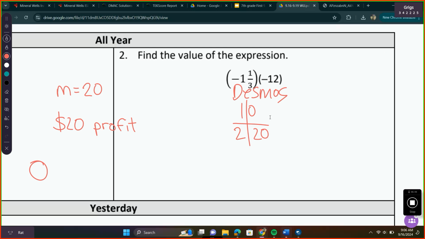Our number 2 is this. That's not what I have. Does it say 1 1/3 times 12? Oh.